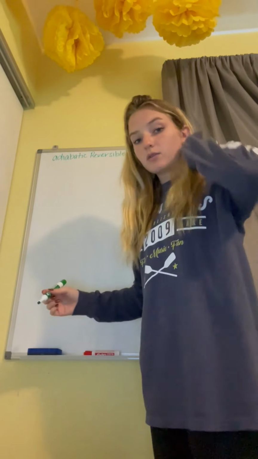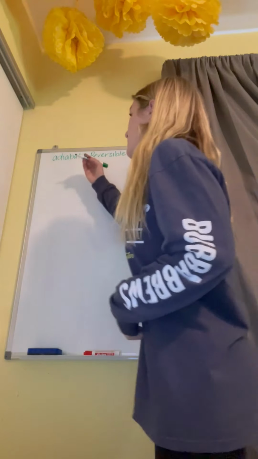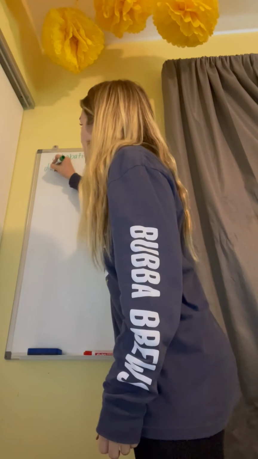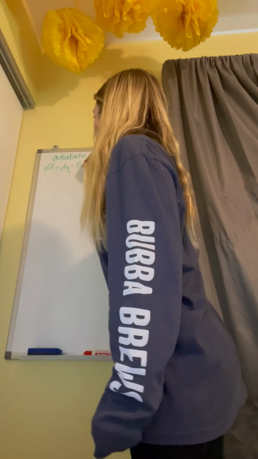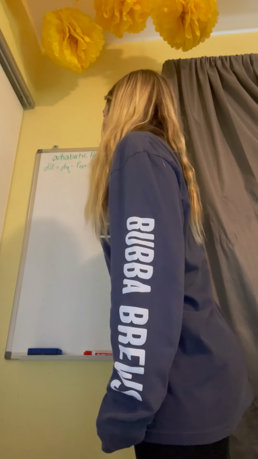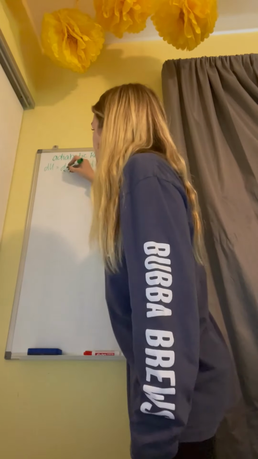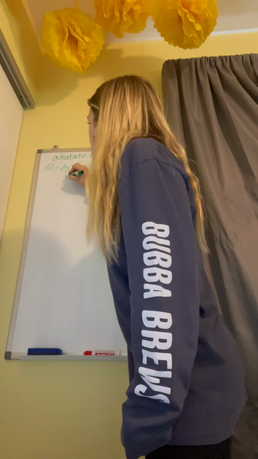So now we are going to look at the first law of thermodynamics, which is dU is equal to dQ minus P external times dV. So this dQ is equal to 0 since it's an adiabatic process.